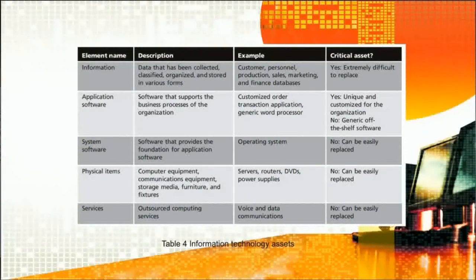We can do these in a multitude of ways, whether it be via policy, some sort of software system, a physical set of means like door locks and cable locks, or services, outsourcing, for instance, services to another organization to handle what you can't within your own organization natively.